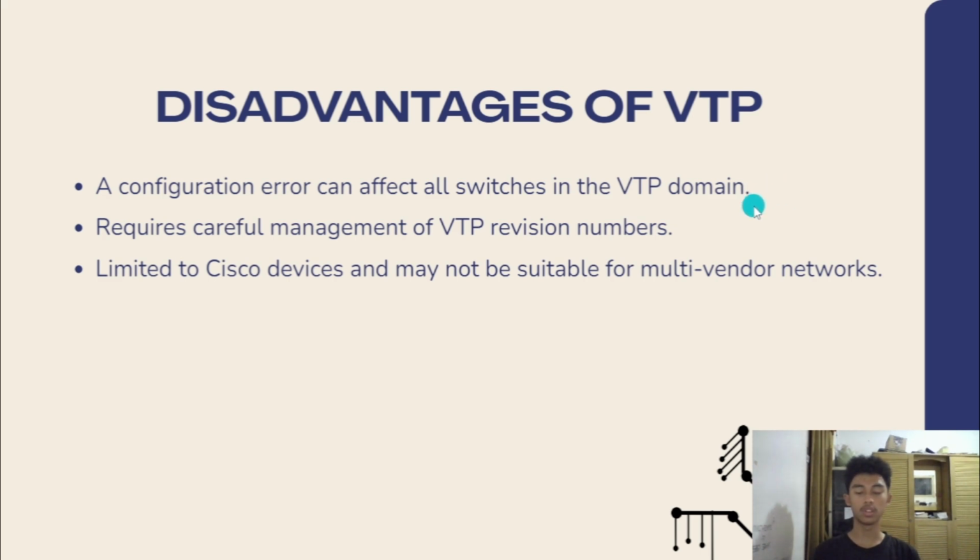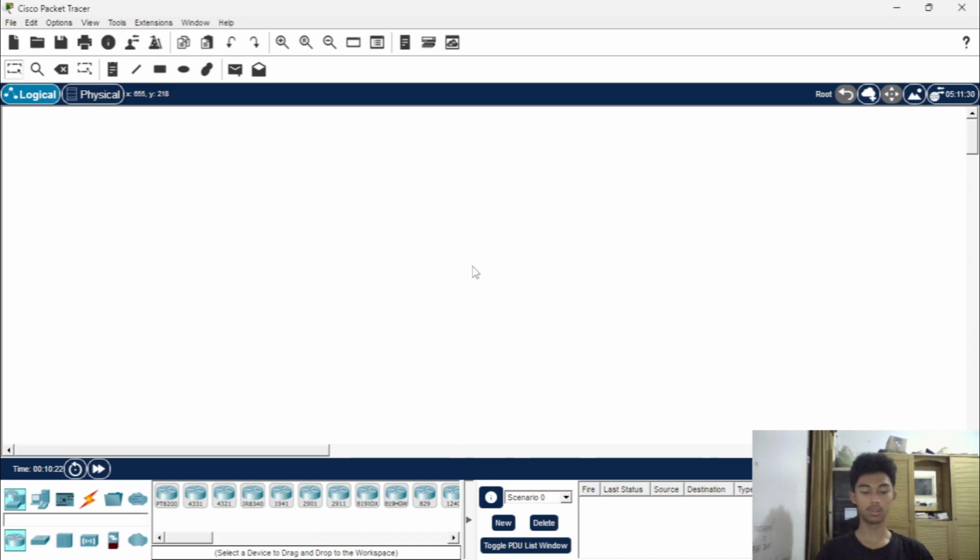Now let's move on to the configuration process in Cisco Packet Tracer. Okay, now we are in Cisco Packet Tracer. Here we will add 4 switches and connect them to each other. First, second, third, fourth.